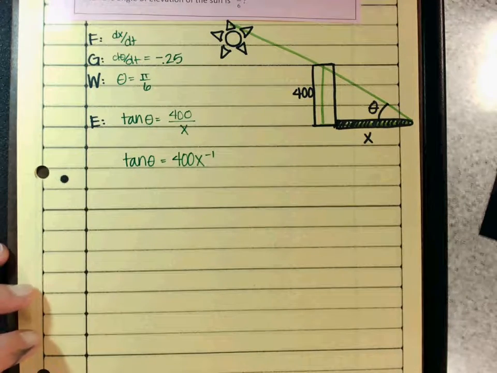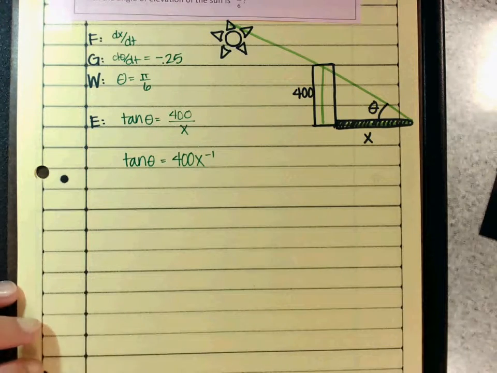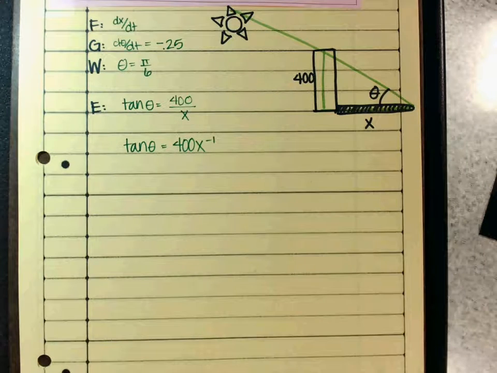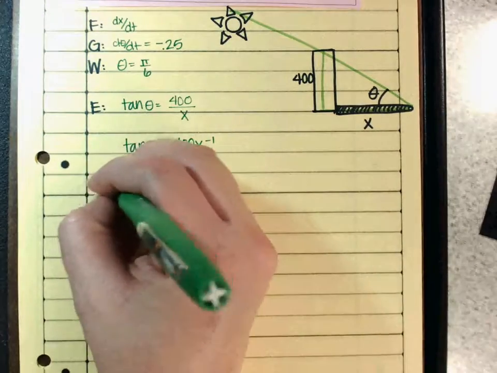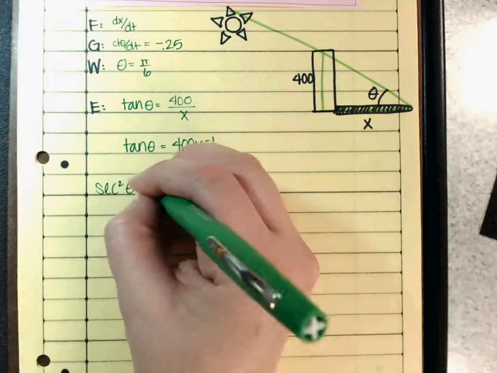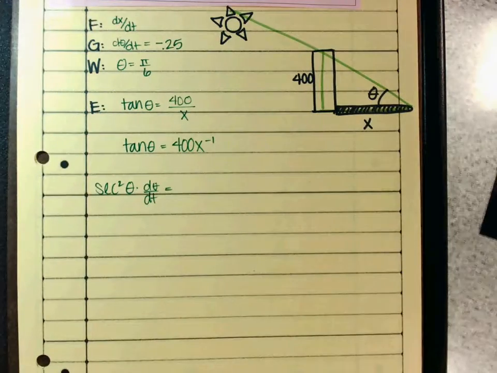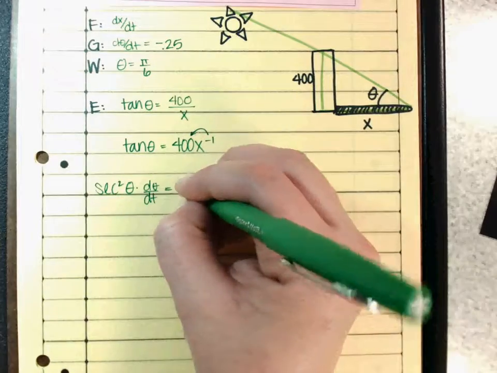Okay, take the derivative for me. Remember, you should get a d theta/dt on the left and a dx/dt on the right. What did we say the derivative of tan is? Secant squared theta d theta/dt. And on the other side, I'd take my negative 1 down. Now it's a negative 400.